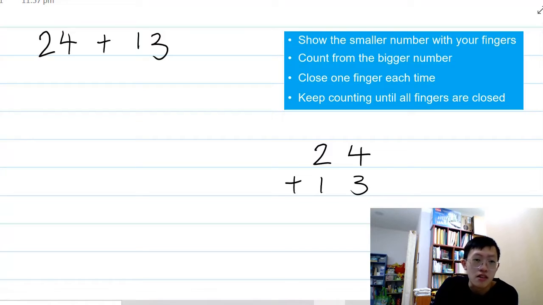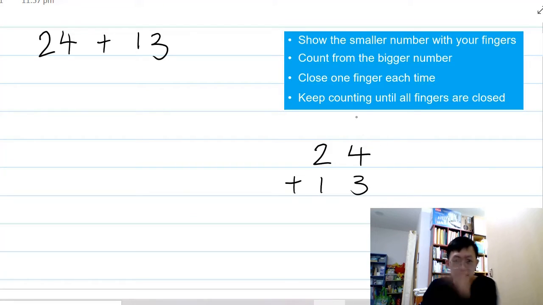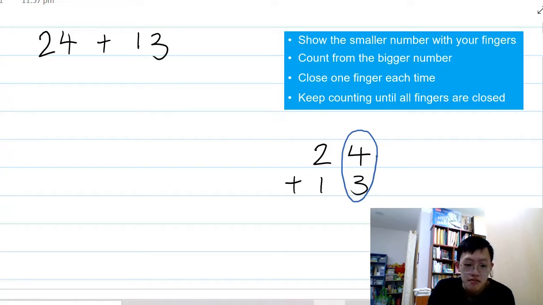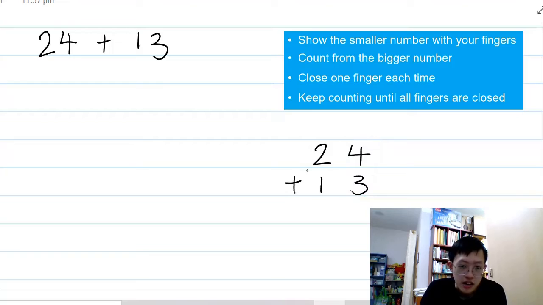The thing about column working is that you must make sure each digit is in one straight line or one straight column under each other. So 4 and 3 is in one column, and 2 and 1 is in another column. Make sure it's neat, make sure there's enough space for them.